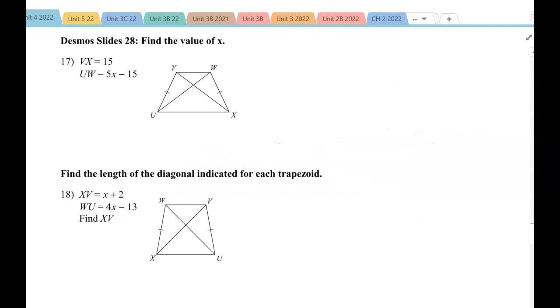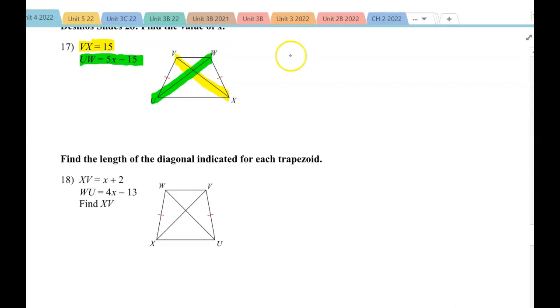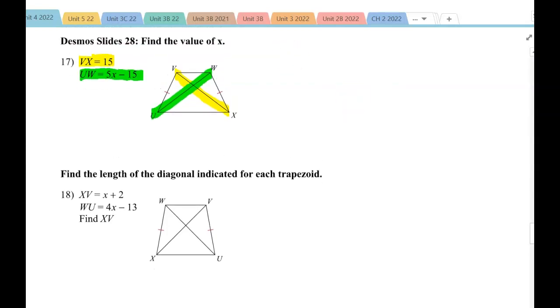Let's take a look at the last two examples about isosceles trapezoids and diagonals. So here we have VX, which is the yellow diagonal, and we have UW, which is the green, and the diagonals in an isosceles trapezoid are congruent.